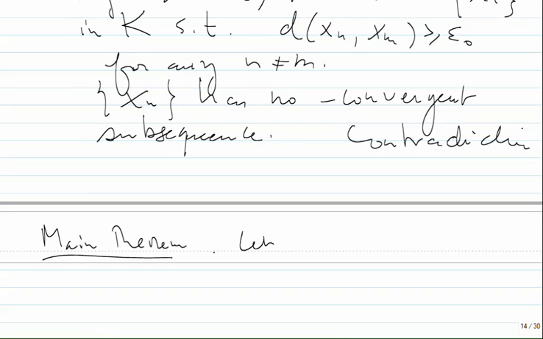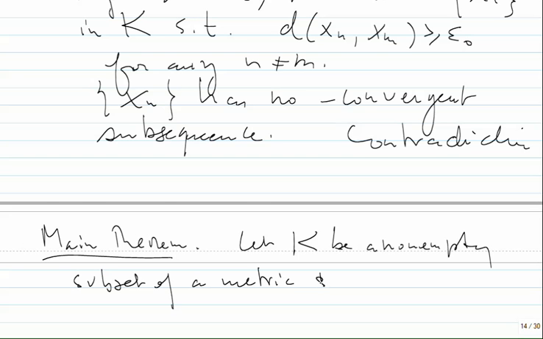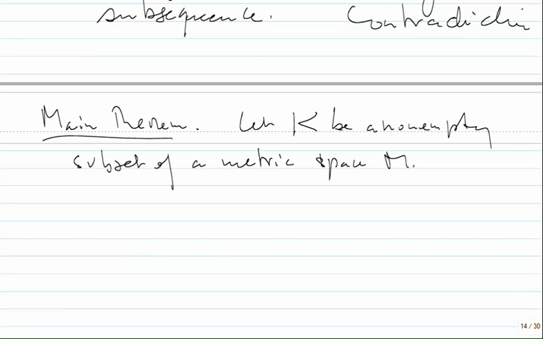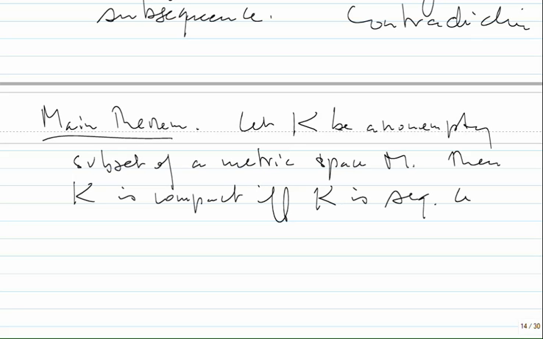Let K be a non-empty subset of a metric space M, then K is compact if and only if K is sequentially compact.